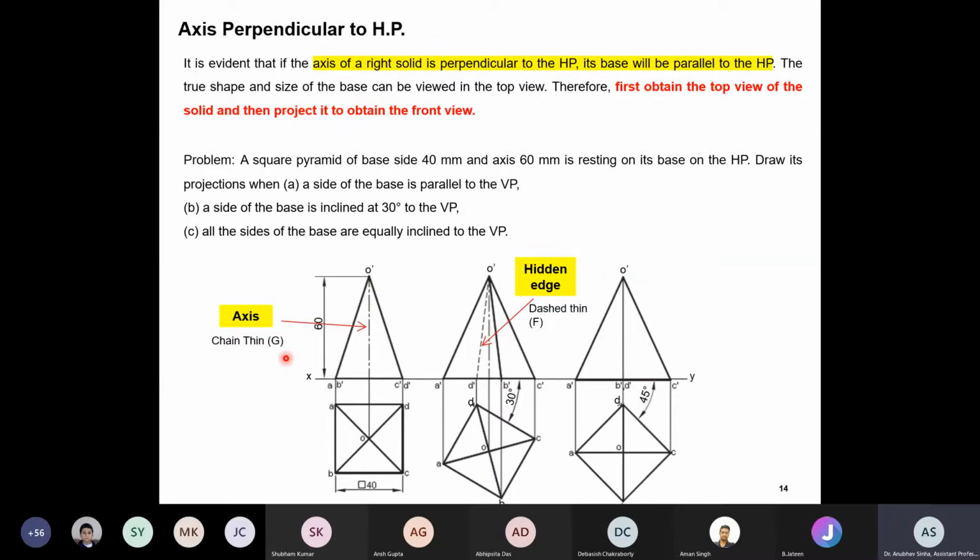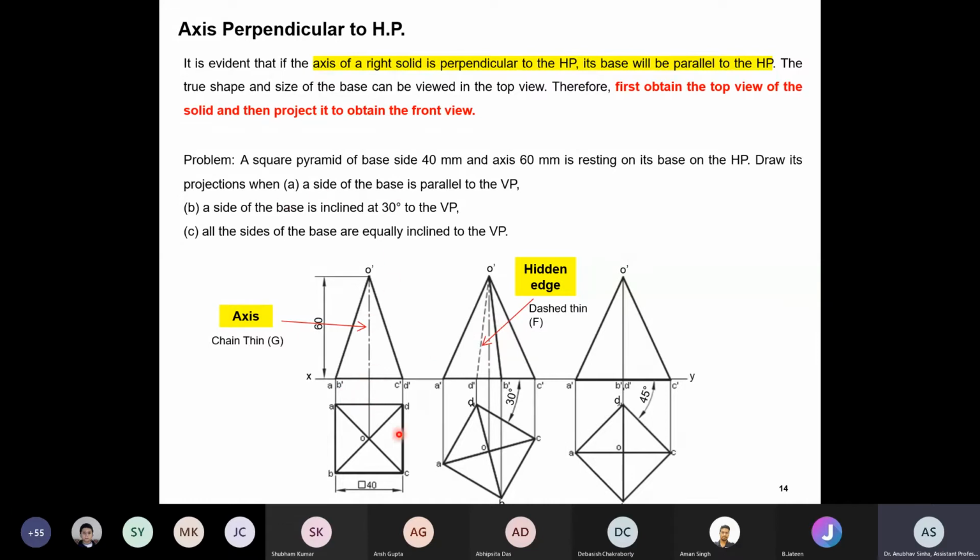You could have different tables, you could have different names. But the proper name is thin chain, one dash and one dot. This is called chain, which is used for labeling the axis. And similarly, for hidden edges, we'll use a thin dashed line. Okay, we'll come to that. First, let us finish this.